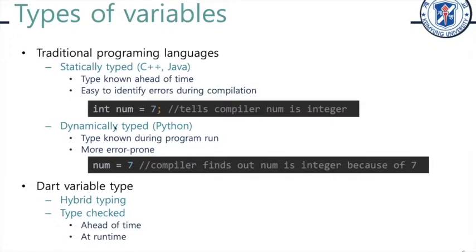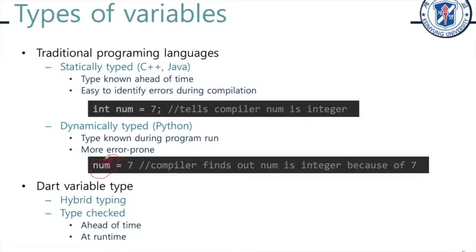But in a dynamically typed programming language, we store the value into a variable, and the compiler will know that this variable now stores 7.